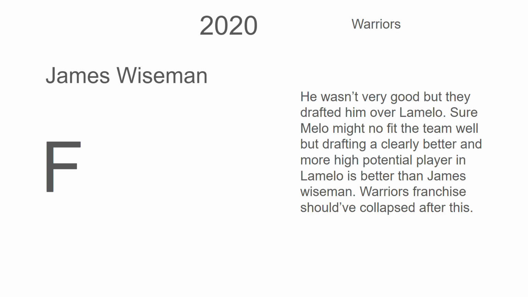But he was arguably a better player in a way that had a way higher potential, and Steph was getting up there in age even in 2020, he was still like 30, 32 or something like that. He was clearly showing signs of regression. He was really injured for the entire season the year before that, and that's why they even got the second overall pick to begin with. So I don't know why they didn't draft a young, high-potential point guard like him.